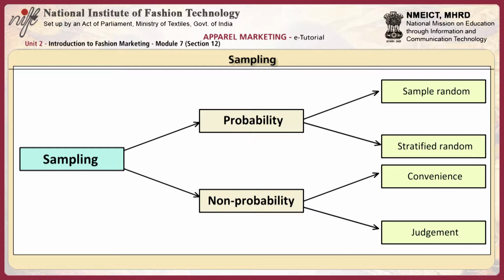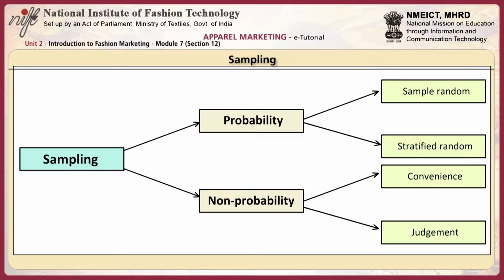So both are under non-probability. Hence in the sampling procedure, we will broadly look at probability sampling or non-probability sampling. In probability, we may go with simple random or stratified random, or in non-probability, we may go with convenience and judgment sampling.